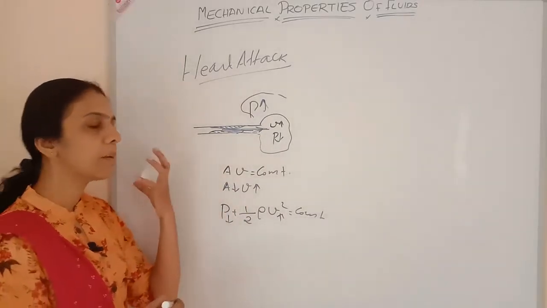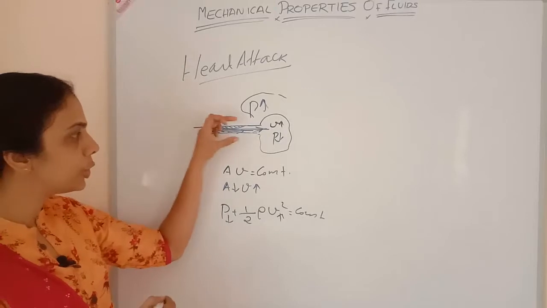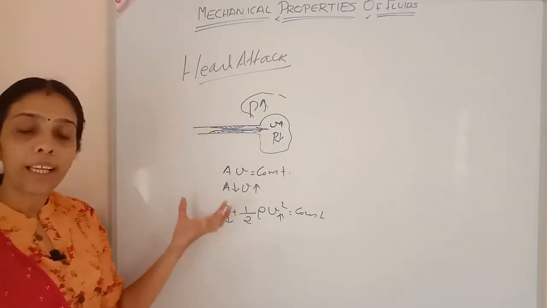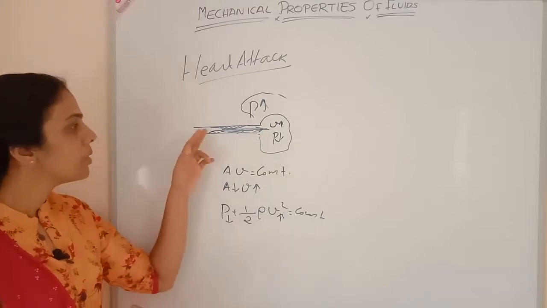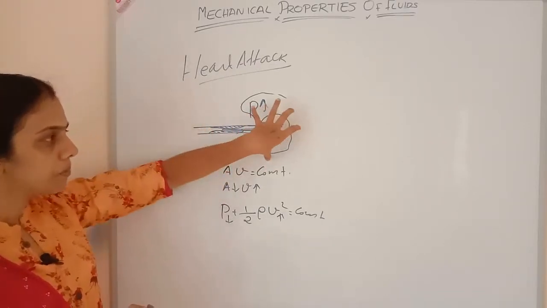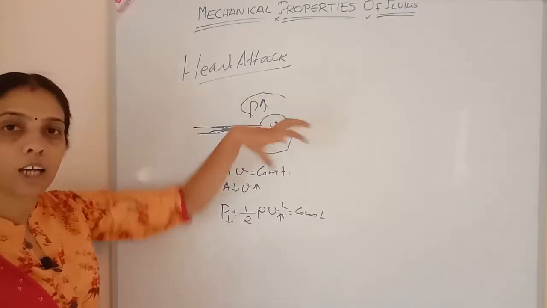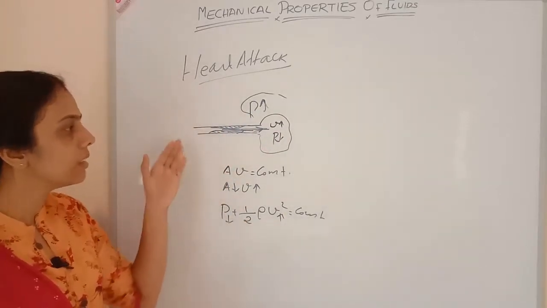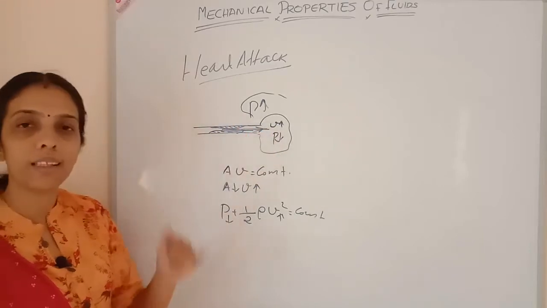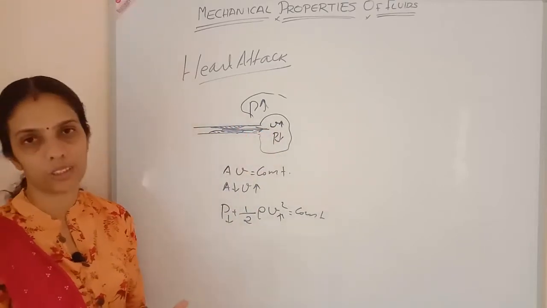So the plaques in the tube will be accumulating and make a constriction in the tube. The heart should work hard to get the blood inside, and the blood which is coming inside will be of high velocity.